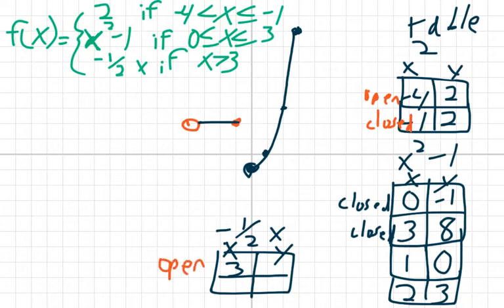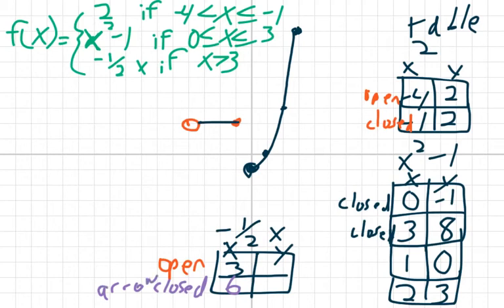But this says x is greater than 3, so I know that it's going to go forever. The domain is from 3 to infinity. So I can pick any number greater than 3 for that other point. So maybe I'll choose 6. And that one, of course, is going to be closed, and it has an arrow.